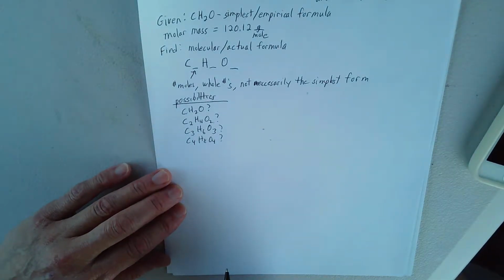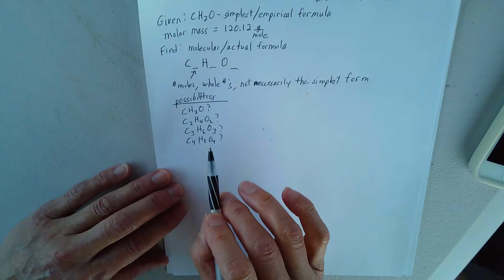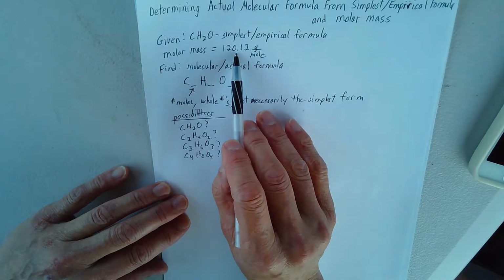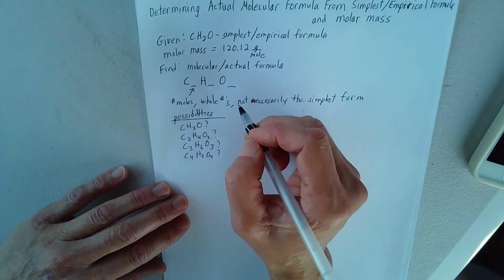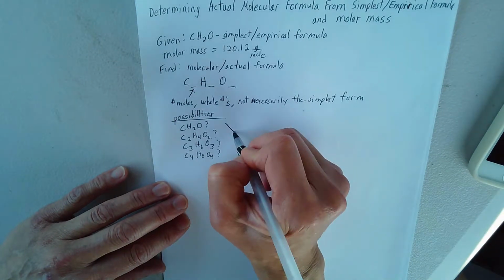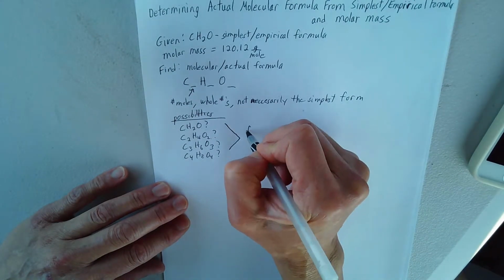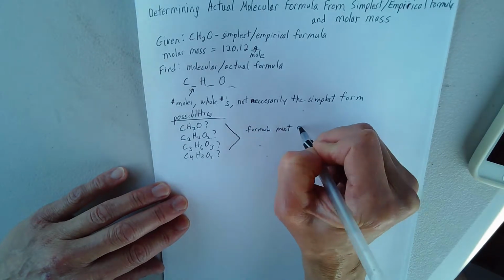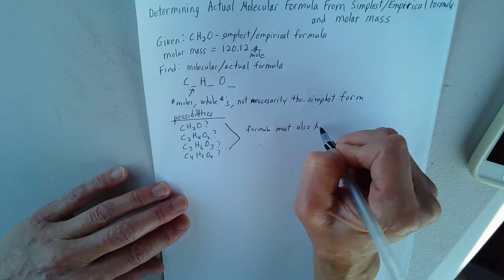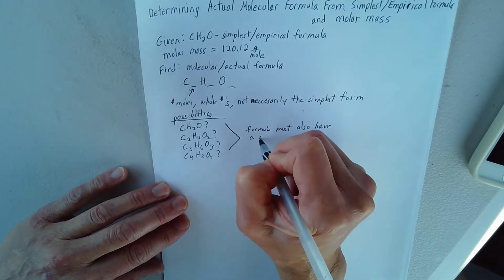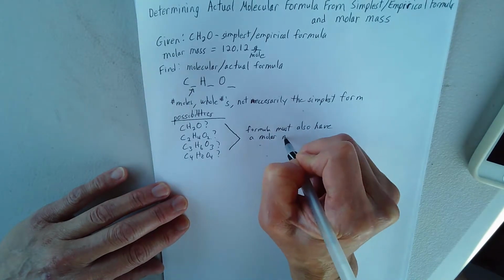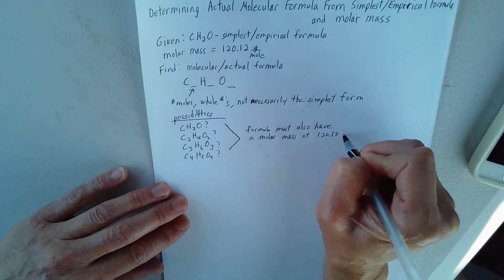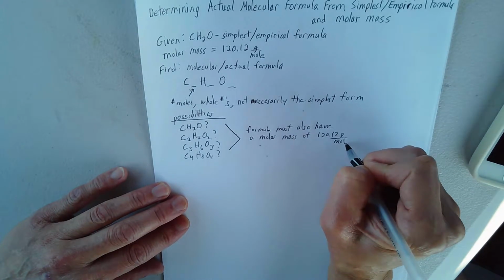However, we do know that there is another criterion for this formula, and that is the molar mass has to be 120.12 grams per mole. So let's write ourselves a little note: the formula must also have a molar mass of 120.12 grams per mole.